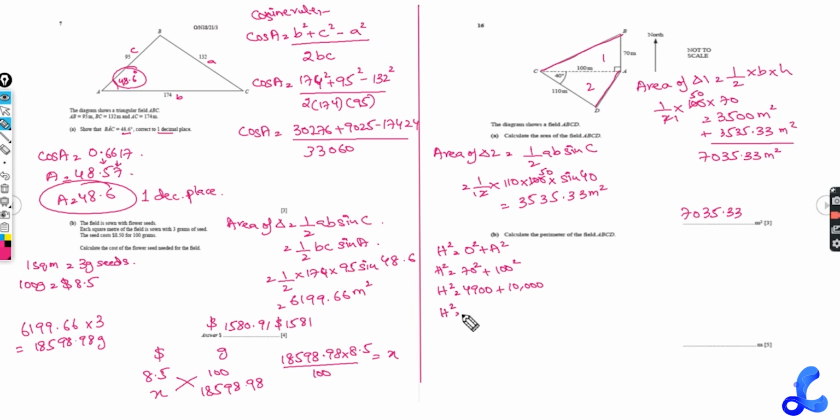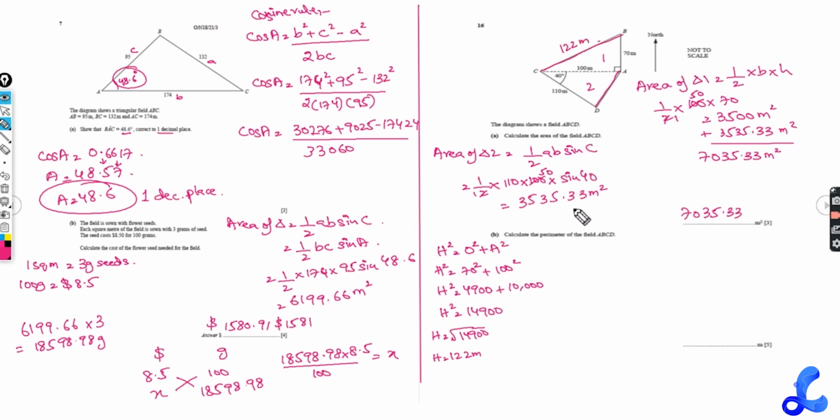When we add this up, we get 14,900, and then you need to take the square root of 14,900. So you get 122. So h equals 122 meters. So this side is 122 meters.